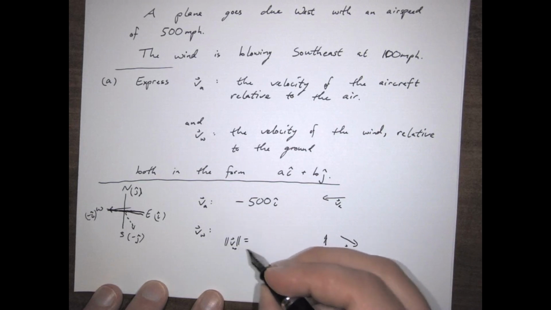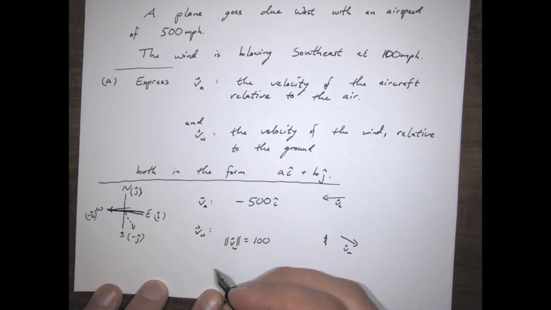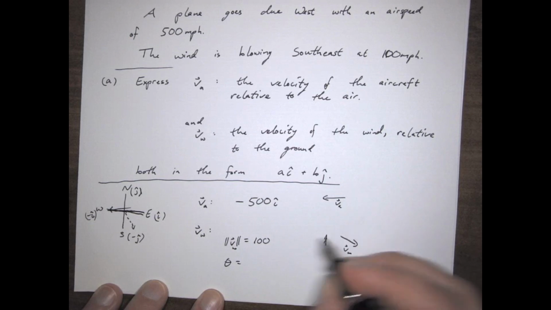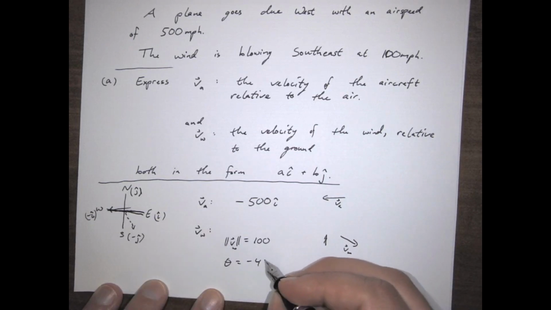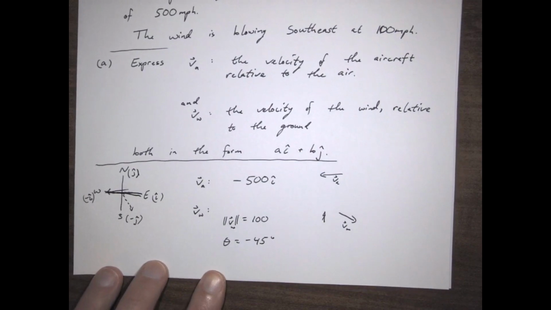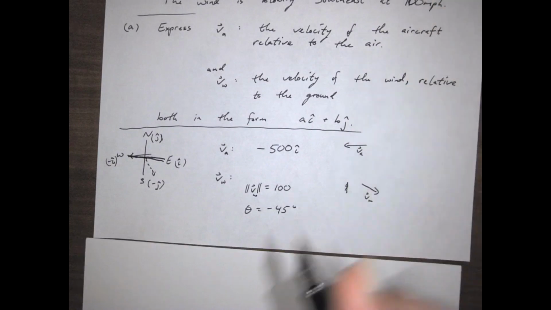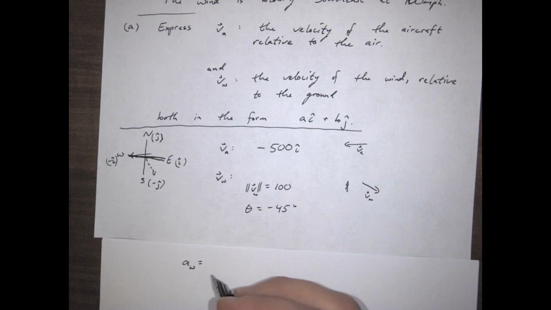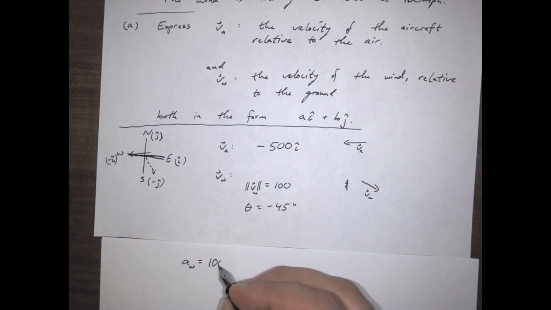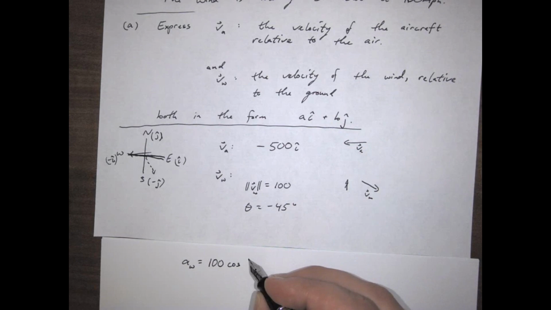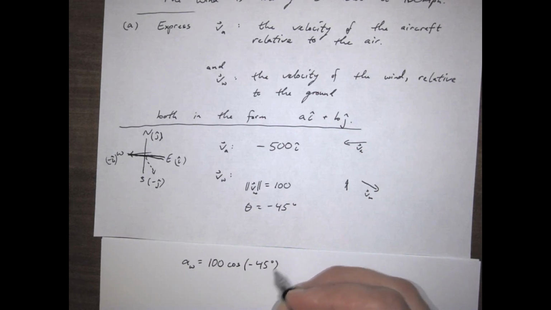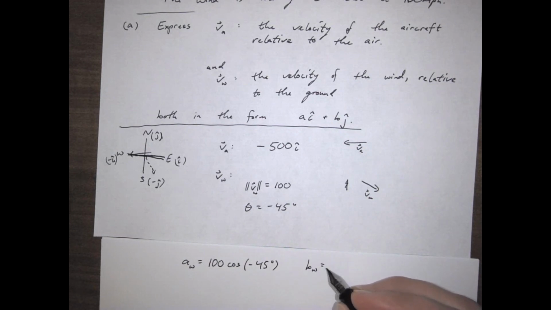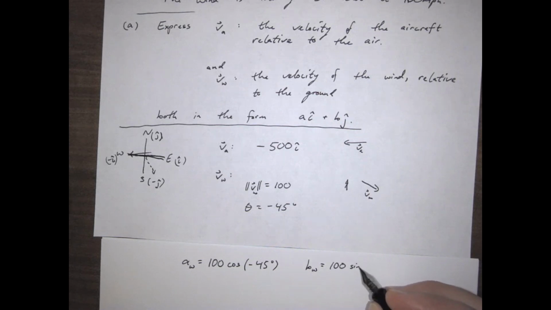And we know that the magnitude of it is 100, and we know the angle that it makes, so we have to think about where it is, negative 45 degrees. Okay. Well then, it's a. So a for the wind will be 100 cosine negative 45 degrees. And the b for the wind will be 100 sine negative 45 degrees.